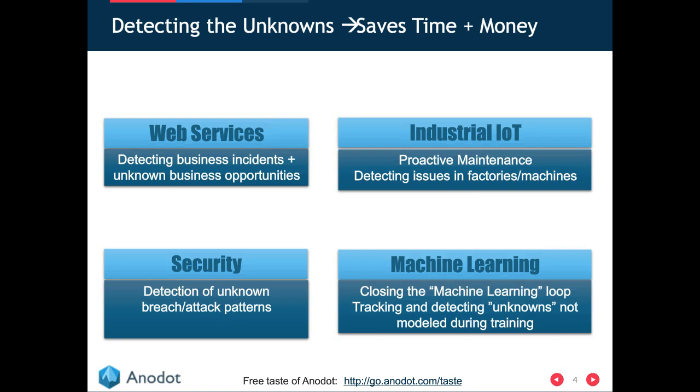And another area that is very interesting is machine learning. So we're seeing machine learning algorithms being pushed into production in many use cases. So how do you detect that your machine learning algorithms are not really behaving the way you expect them to? Anomaly detection is again a way to detect the unknowns in your machine learning algorithms. And there are many other examples.